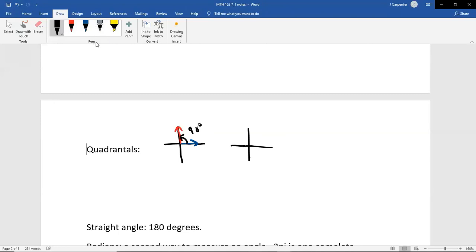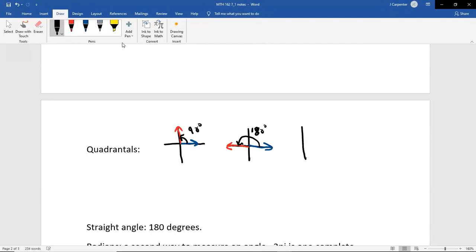The second right angle, the second quadrantal, would be initial here and then terminal here. So we have swung from the positive x-axis over to the negative x-axis, and that is 180 degrees. That's our turnaround, also known as a straight angle. You can see that definition down there.